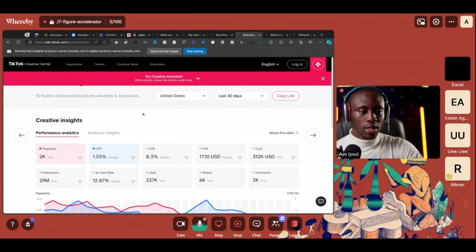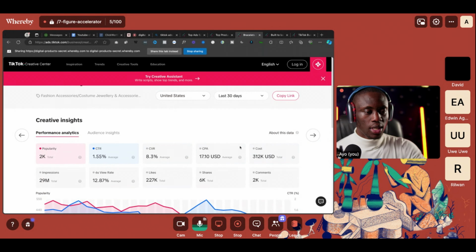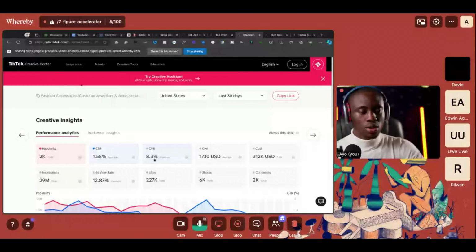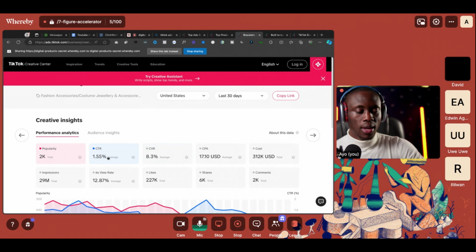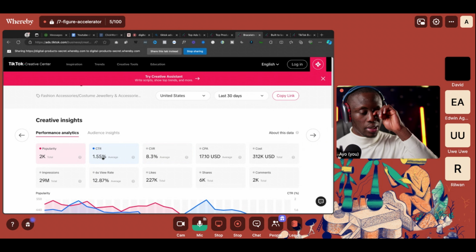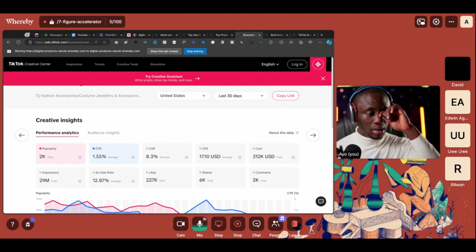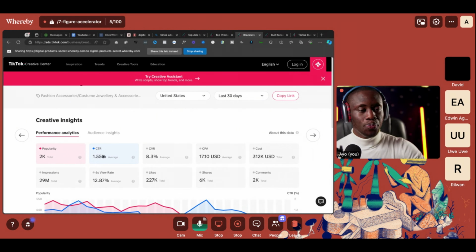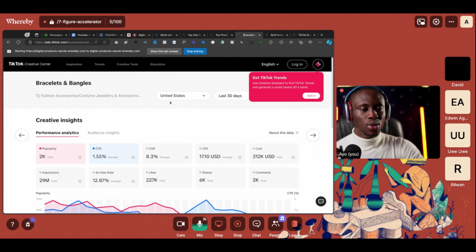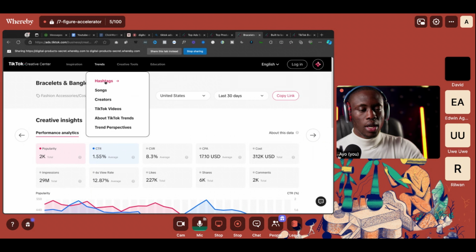And as you can see here, $12,000 has been spent in the last 30 days. That's a conversion rate of 8.3%, 1.5% click through rate, and has generated 29 million impressions. So, in essence, I think you already get the point of what I'm talking about.